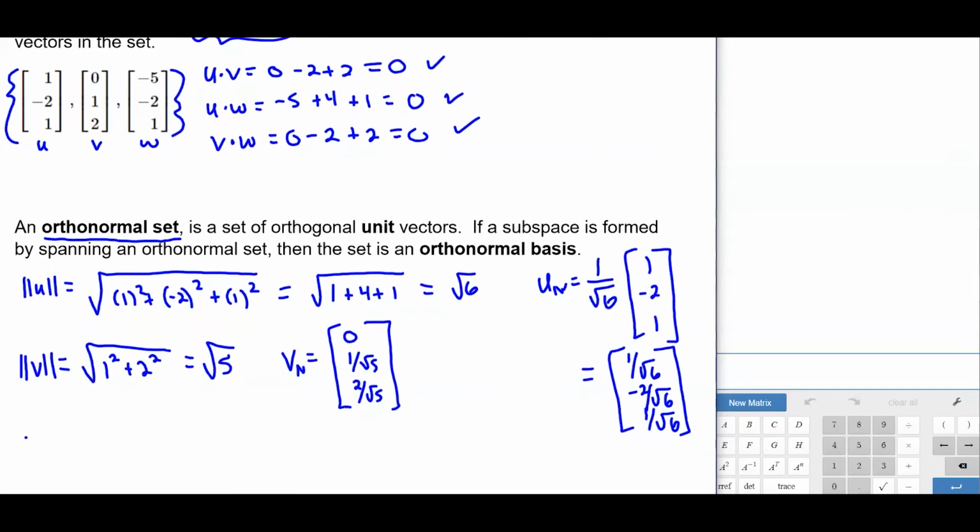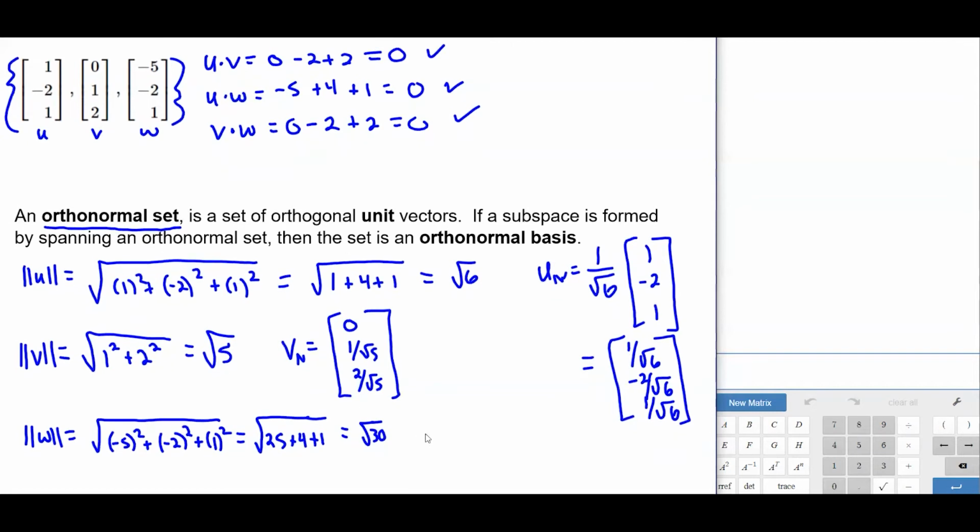And lastly, let's do the magnitude of W. Square root of -5 squared plus -2 squared plus 1 squared. So that's 25 plus 4 plus 1. That's the square root of 30. That doesn't reduce either. So we'll call it Wn. We're going to divide W by the square root of 30.